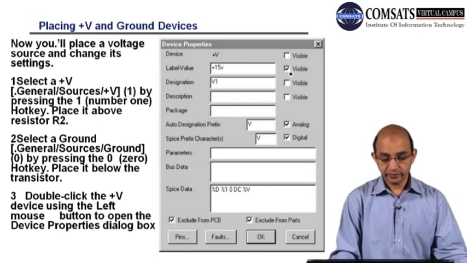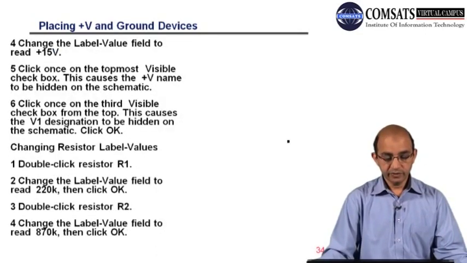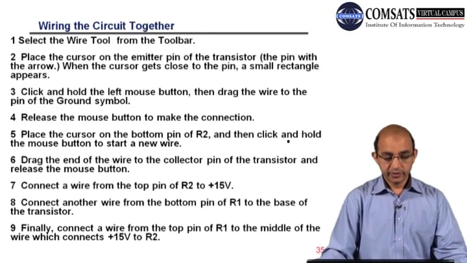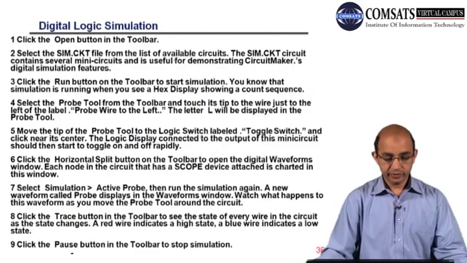If you want to make it visible, this is checked by default, so you can also have an invisible component, and you need to select analog or digital, whatever you want. So wiring it together, all these components, in order to make a circuit. These are the steps we have to go through.